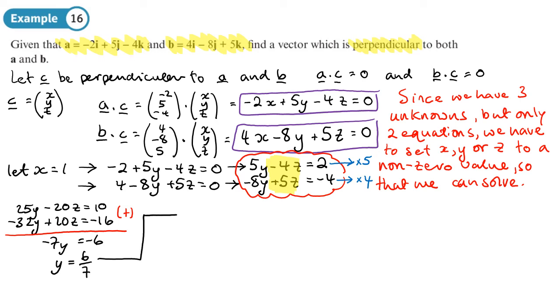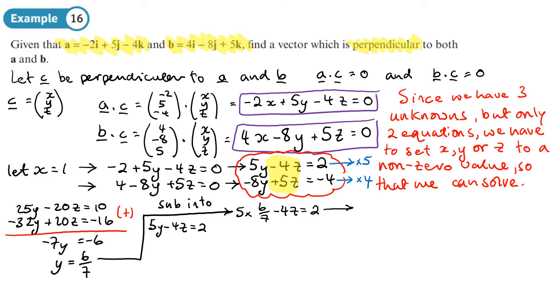Okay, what we'll do, we'll sub that into the 5y minus 4z equals 2 equation. So that'll be 5 times 6 over 7 minus 4z equals 2.